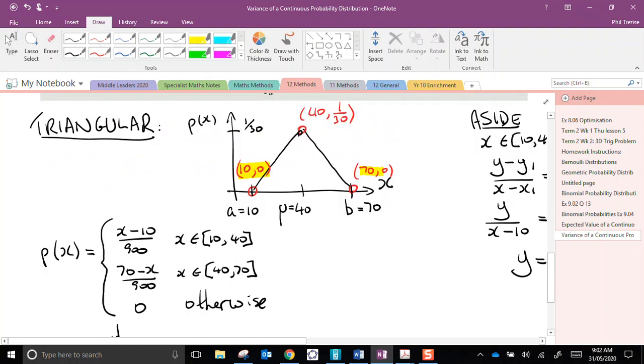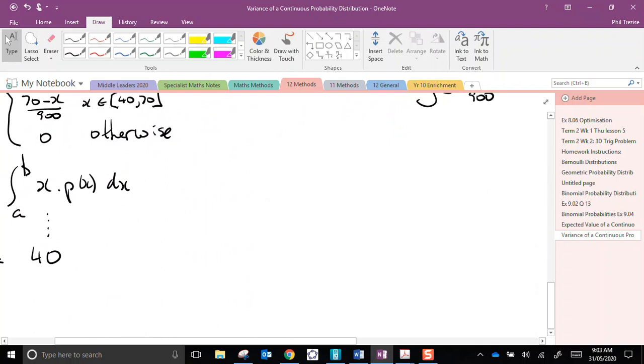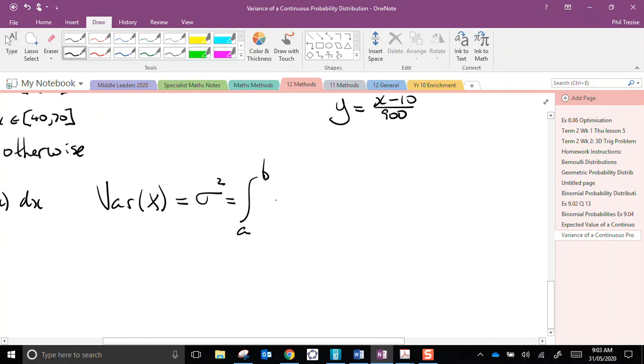So let's go to our variance formula now. The variance of our continuous variable x, also known as standard deviation squared, is the integral from A to B of p(x) times (x minus the mean) squared dx.